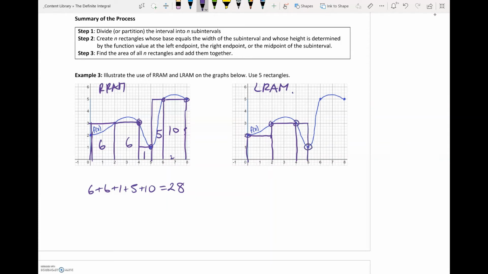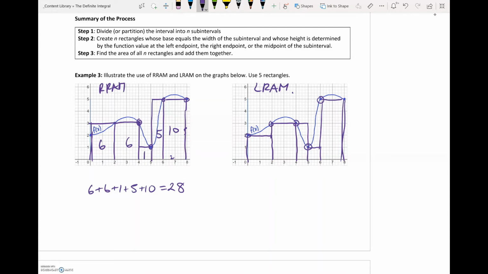Then my leftmost point between here and up there is this one. Then my leftmost point between here and here is this one, so that's that height. So we have 1, 2, 3, 4, 5 subintervals.